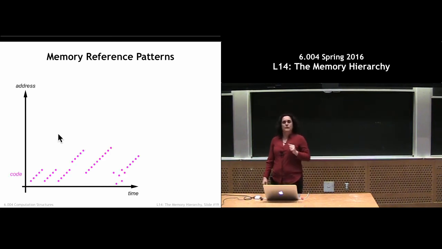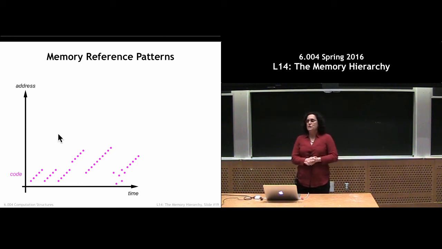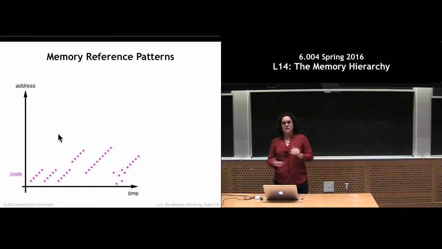We're going to start off with code, okay? So what do our instructions look like? Suppose that I'm executing a procedure, right? If I'm executing the first instruction in my procedure, then chances are that I'm executing the rest of the procedure as well, right? And so if that procedure is stored in memory in consecutive locations, then what's going to end up happening is that the way that I'm accessing the data that's associated with this procedure is sequentially.